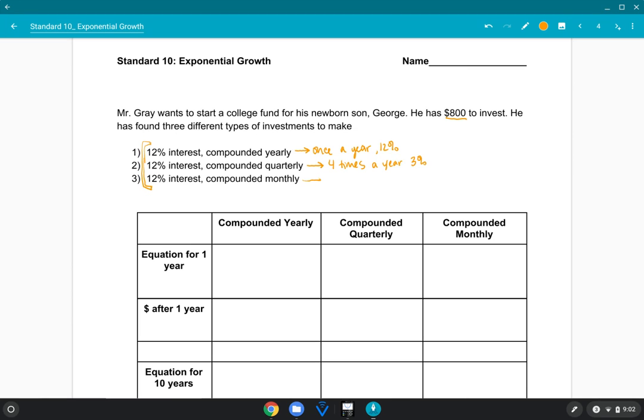And when it says compounded monthly, that means 12 times a year, 1% is multiplied on. It gains 1% of its value, but 12 times a year. Does that make sense? Because 12 times 1 is 12. If this number was different, these percents would be different.